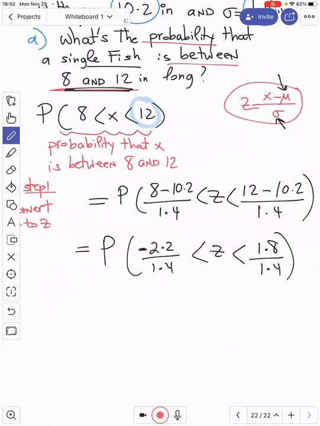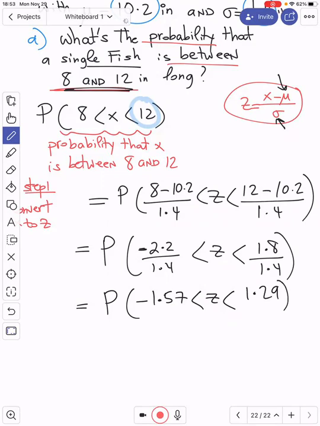So this is the probability minus 2.2 over 1.4. This is minus, I think, 1.57. Right, less than Z, less than 1.8 over 1.4. I think it's, let me check my notes, it's 1.29. All right.